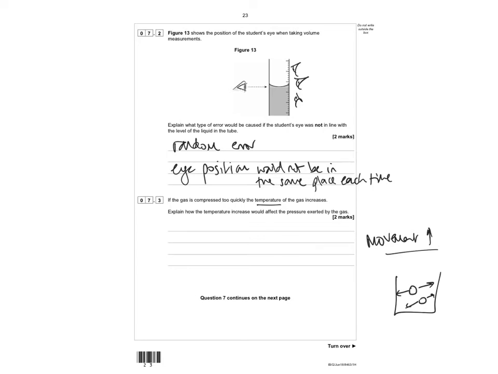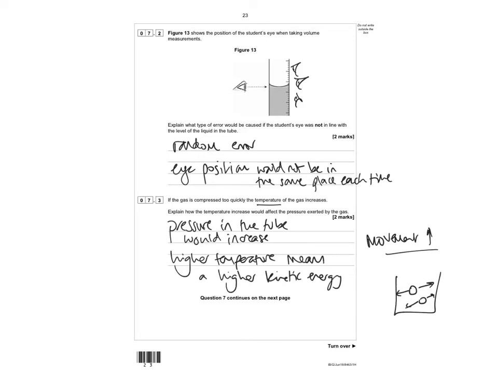So therefore, the pressure in the tube would increase. There are more collisions per second. And the reason for that, the higher temperature means they have a higher kinetic energy, which links directly to the idea about movement. If it's moving faster, it will have a higher speed, so it will have a higher kinetic energy.